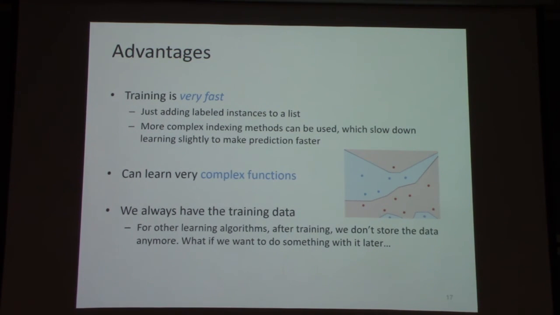And the other advantage of the nearest neighbors classifier is that you always have the training set. Notice that in all other situations that we saw before, after you train a classifier, you throw away the training data, and you now use the model as the true function, and you make predictions. In nearest neighbors, you have the training set lying around, and if tomorrow you feel like you want to do something else, you can do something else with it.